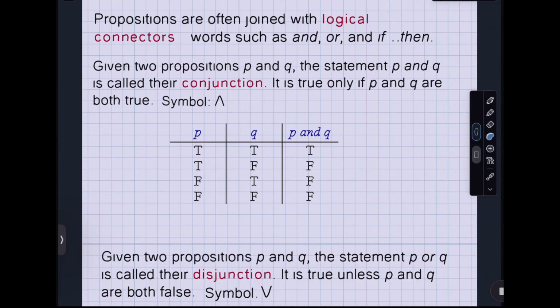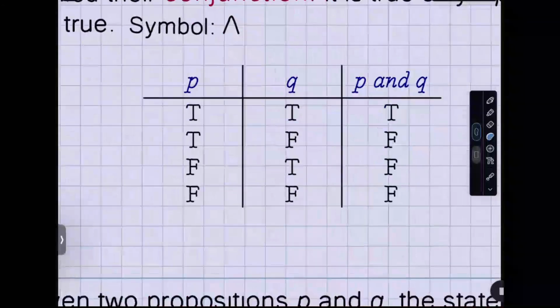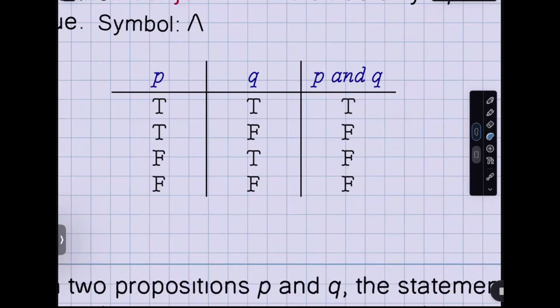If it's an and, that's called a conjunction. And the symbol is like an up arrow. That's what it looks like, right? So with an and, the only time that an and is true is when both things are true.